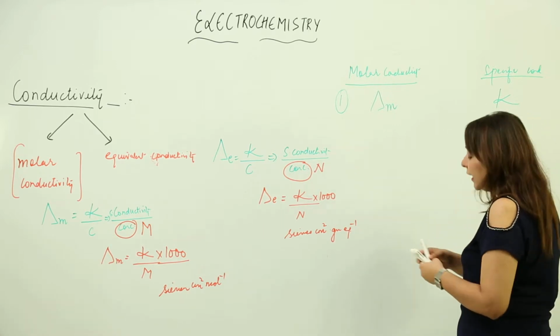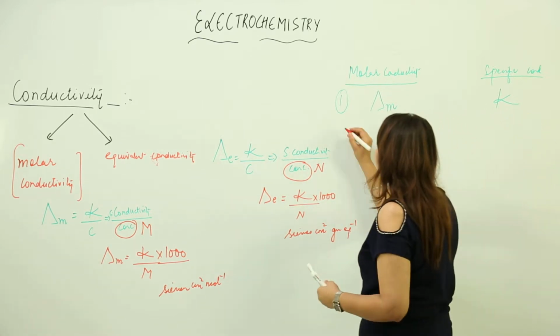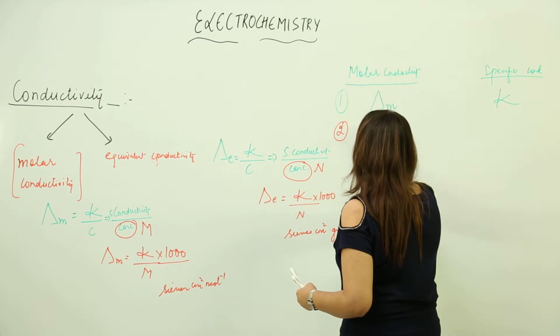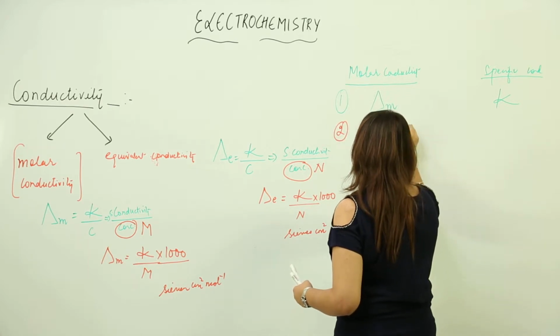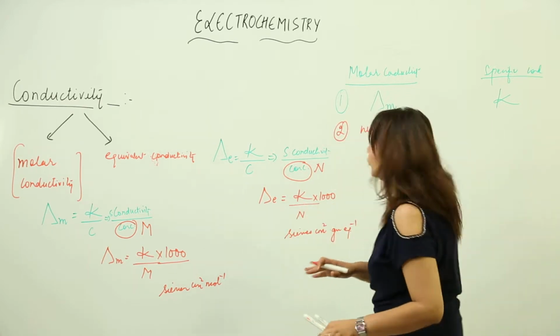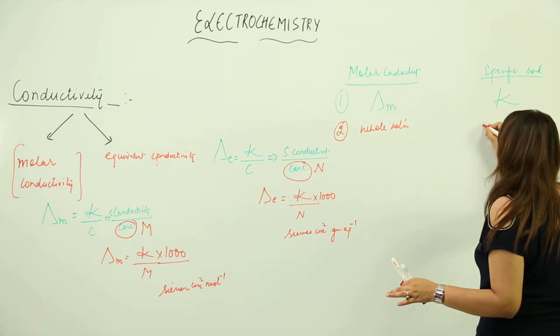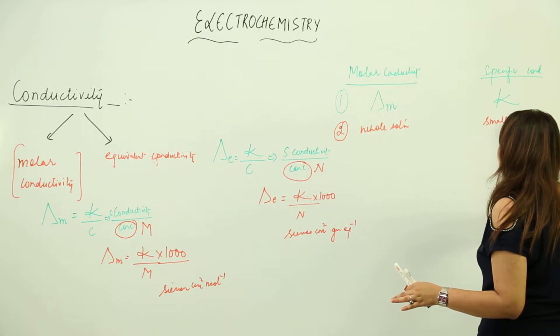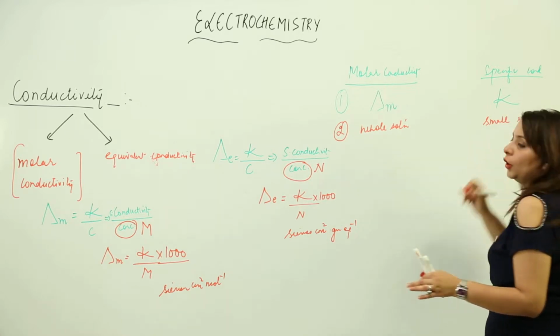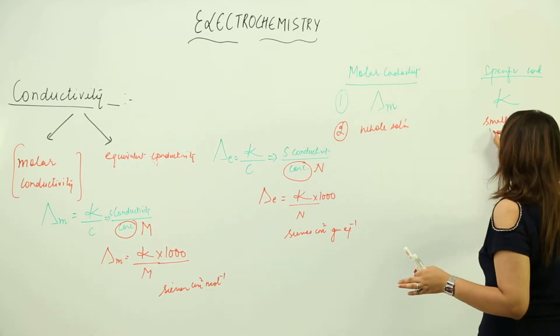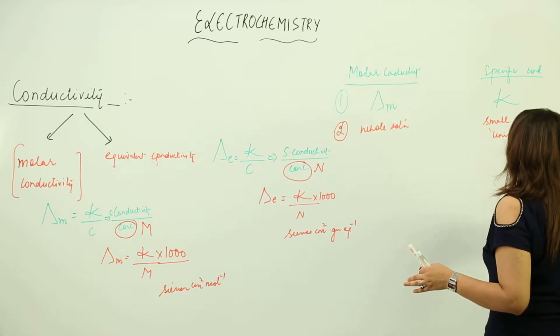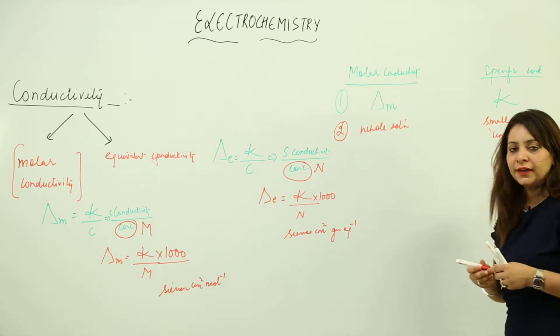The second difference is that molar conductivity gives us the conductivity of the whole solution, but specific conductivity gives us the conductivity for a small region or a specified part. Therefore it is also called unit factor.